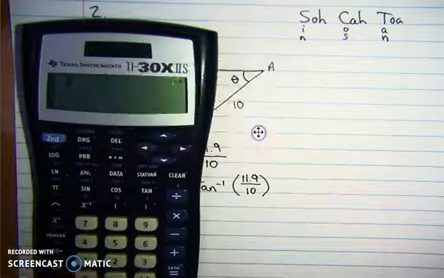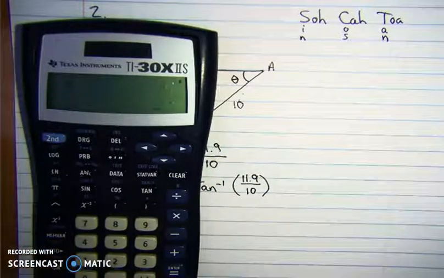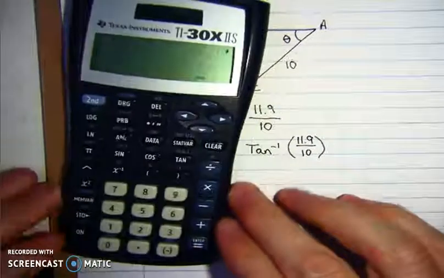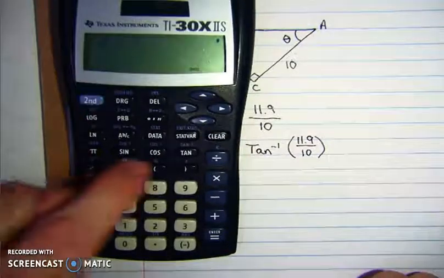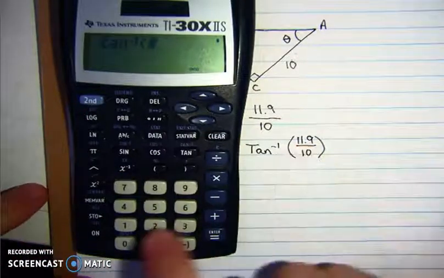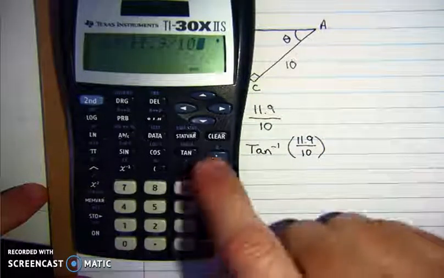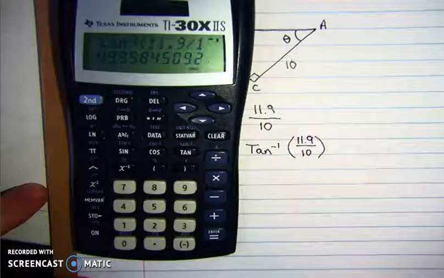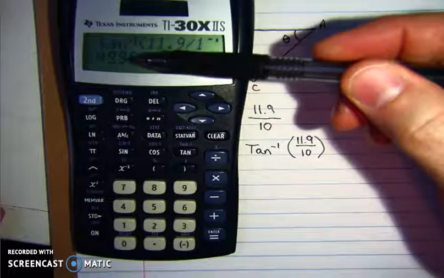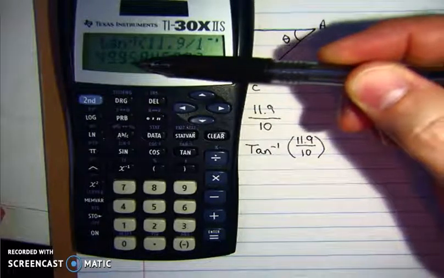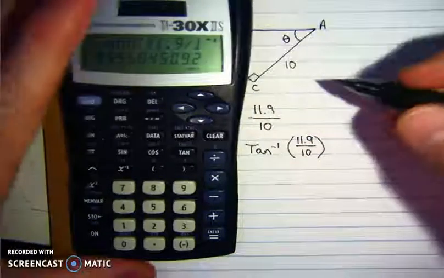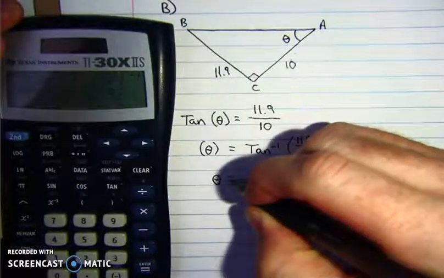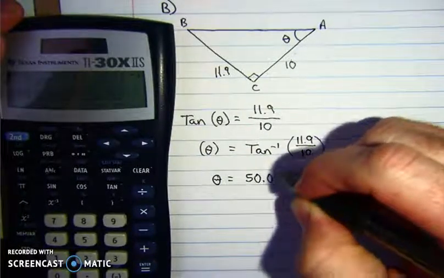We type in the inverse tangent, which, remember, is second function, tangent, and 11.9 divided by 10, and that's 49.95. Now, you have to look. That 5 is going to round that 9 up. So instead of 49.9, we're going to have 50.0 for our angle. So theta equals 50.0 degrees.